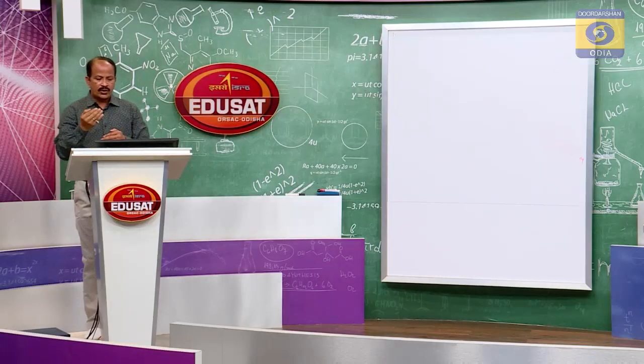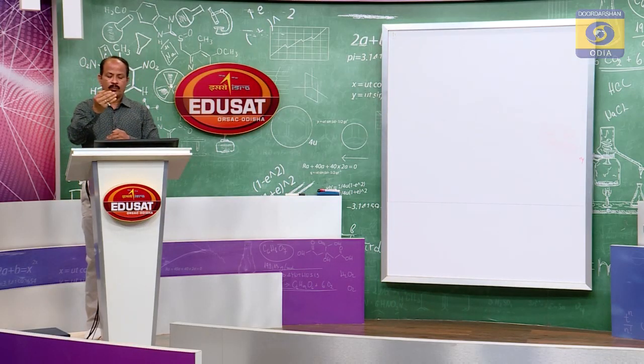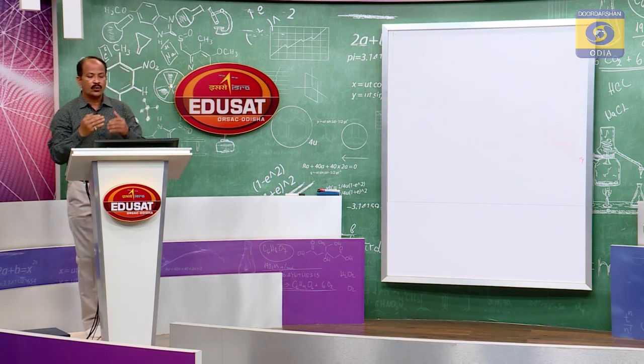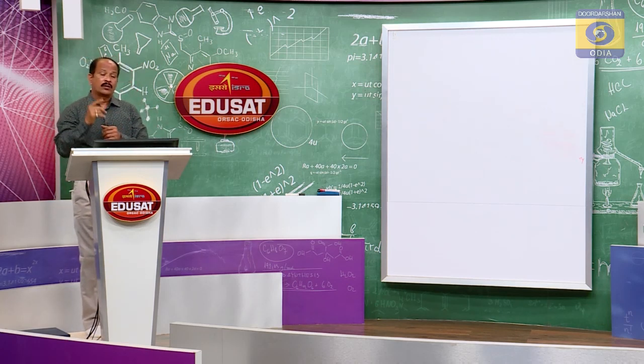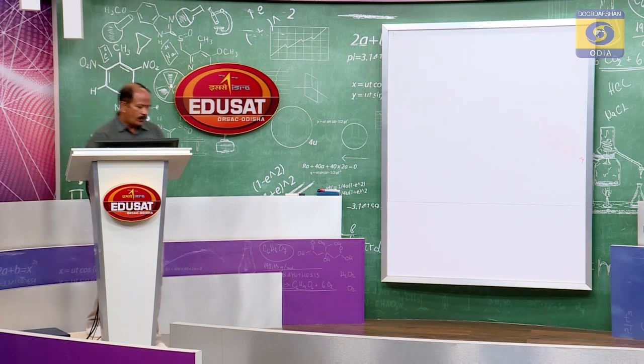So, we discussed the building blocks, the nucleoside triphosphates, and the enzymes, the 3 enzymes DNA polymerase 1, 2 and 3. But we must understand the property of each polymerase.